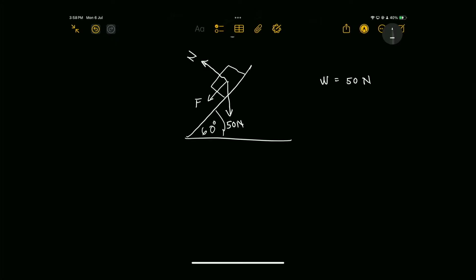Now, if we have to determine the magnitude of these forces, how do we determine this?